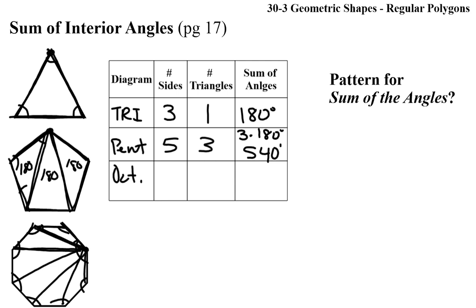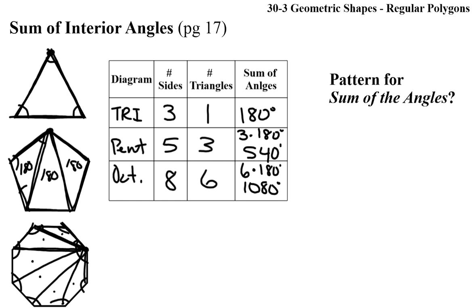So we end up with an 8-sided octagon. We have 1, 2, 3, 4, 5, 6 triangles. So the sum of the angles would be the 6 triangles times 180 degrees each, which is 1,080 degrees for all of the angles in an octagon.